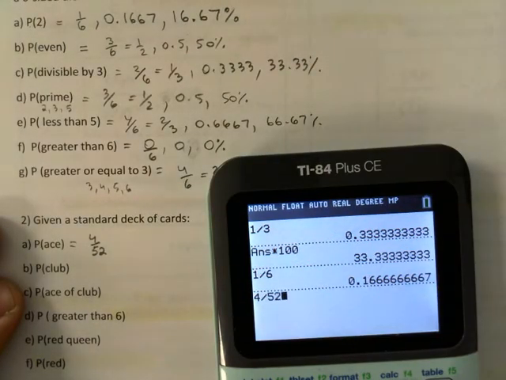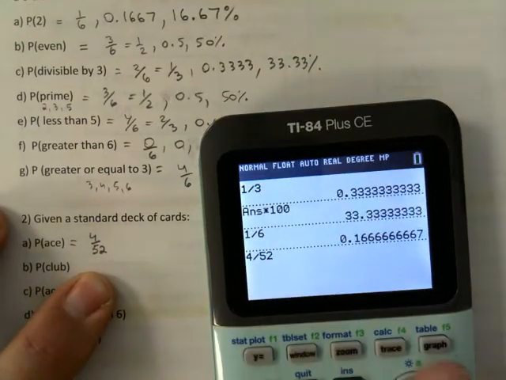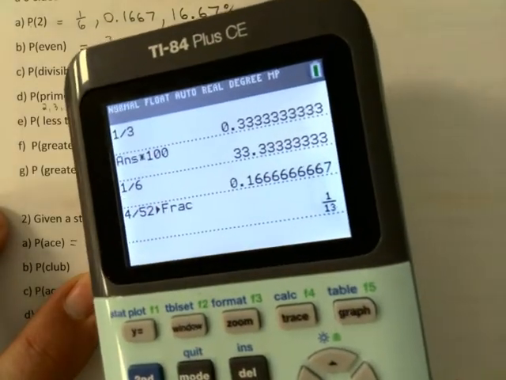If you haven't seen it, if you go 4 divided by 52 and you go math fraction, it turns it into a simplified fraction.